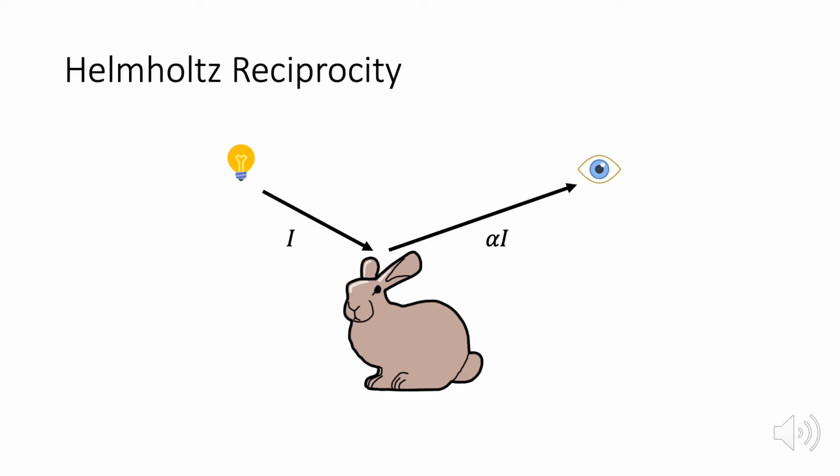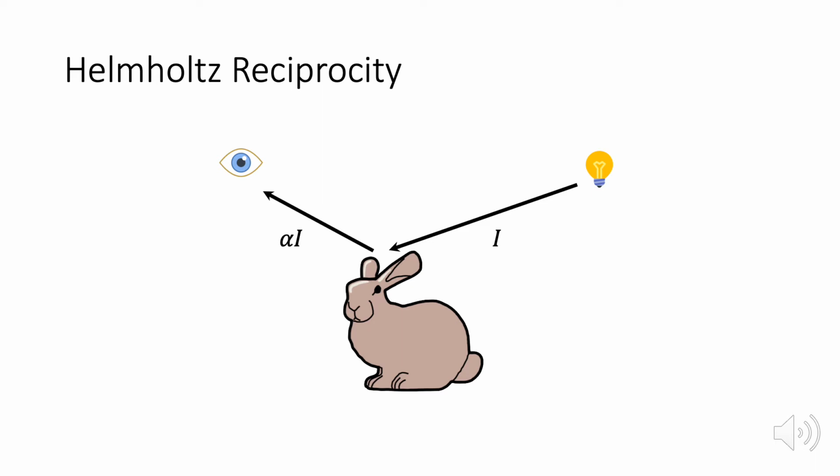Here, let's consider the following example. Suppose the light source on the top left corner emits irradiance I to the object, and produces outgoing irradiance alpha I to the eye. Then we interchange the positions of the light source and the eye, and the light source still emits irradiance I to the object.